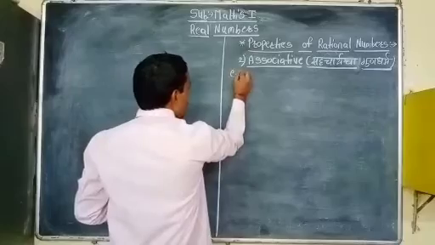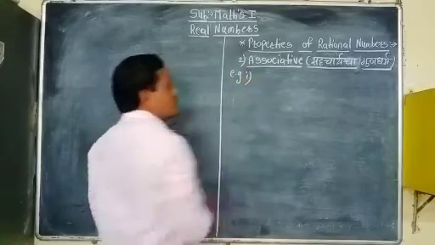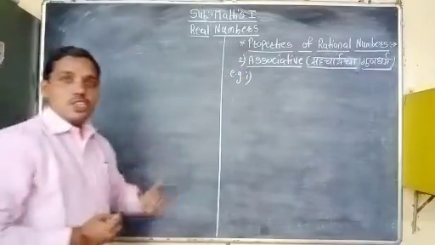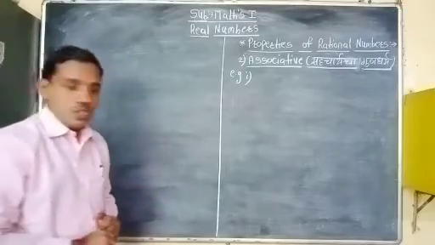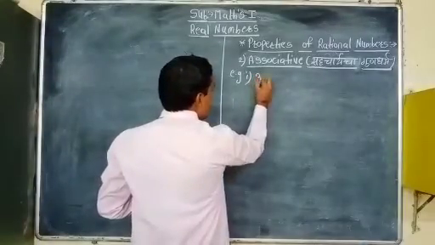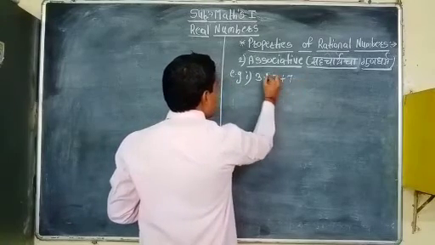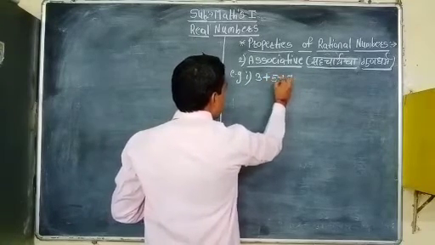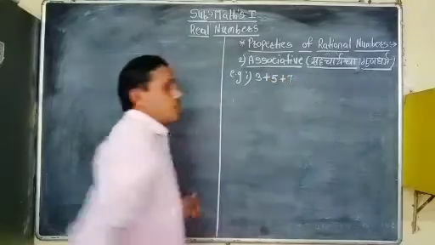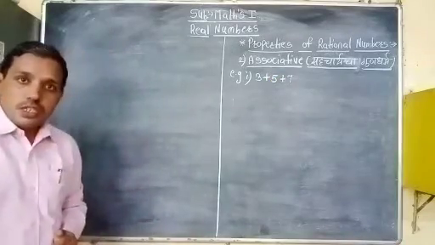So the first example of the associative property for addition is 3 plus 5 plus 7.